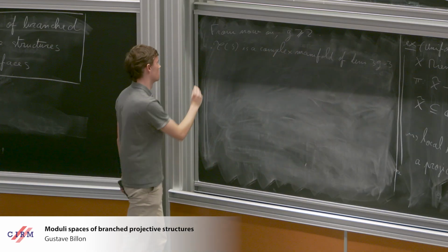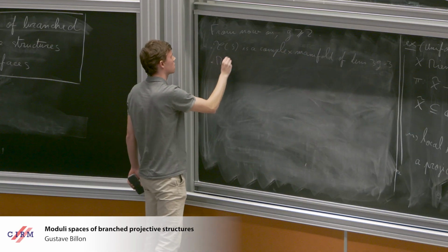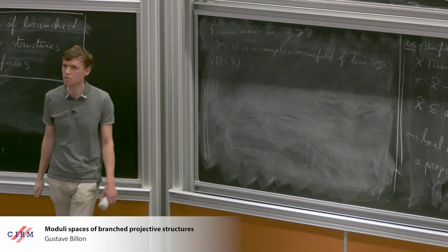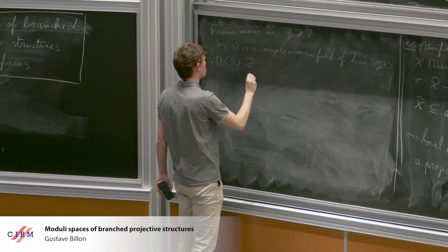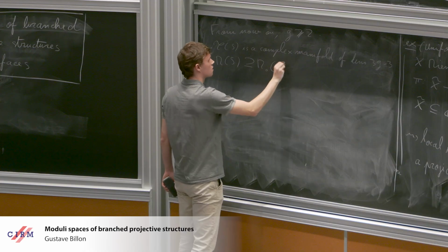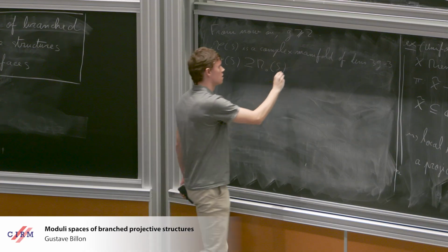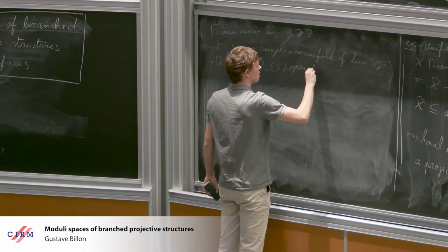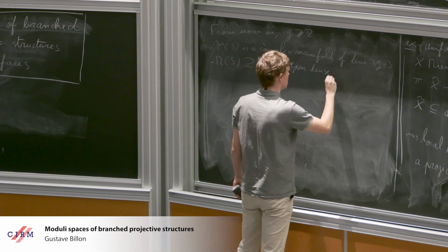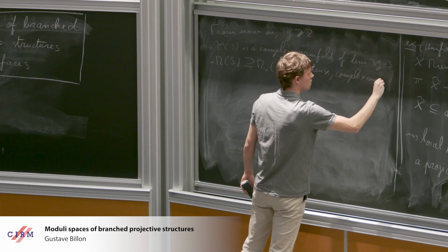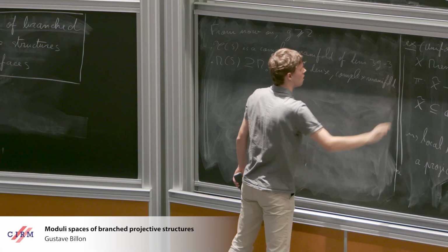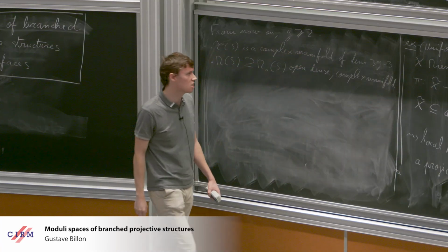And R(S), as a topological space, is not separated, but it contains a nice dense open subset, R_0(S), that is a complex manifold, and the dimension is 6g minus 6.